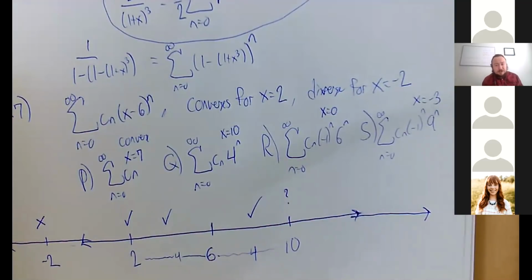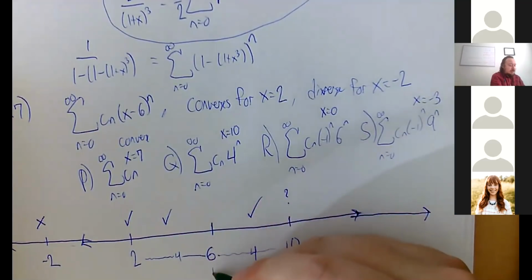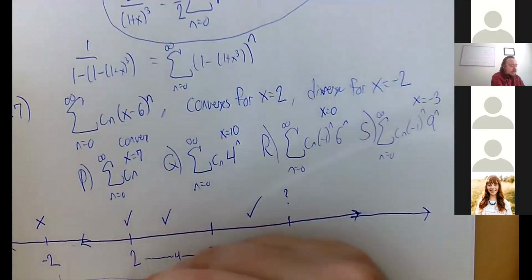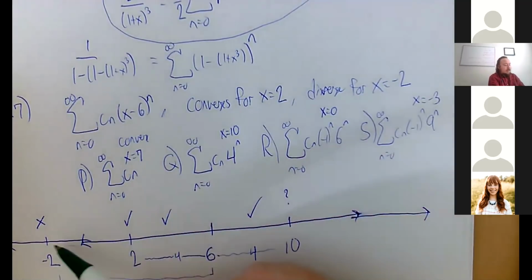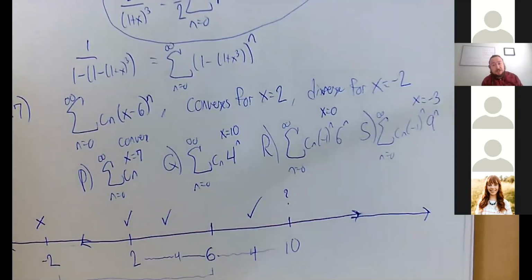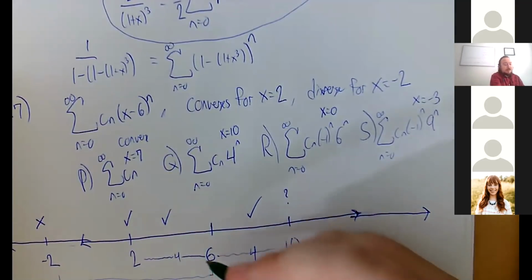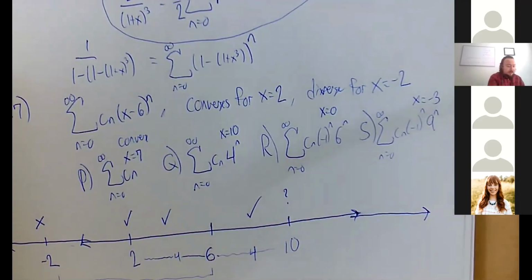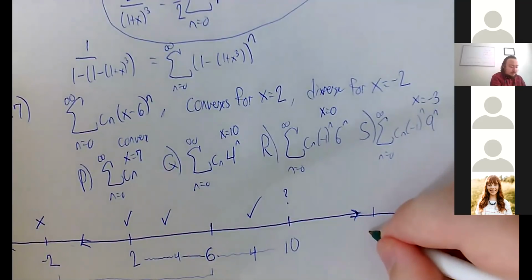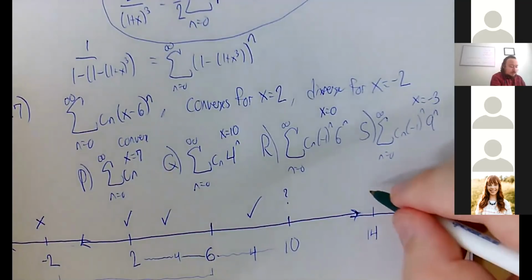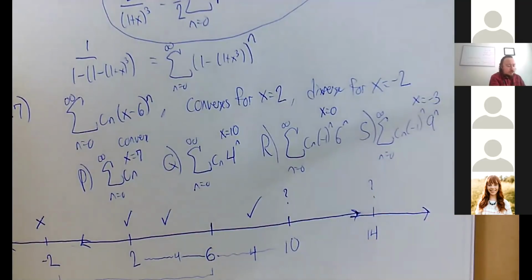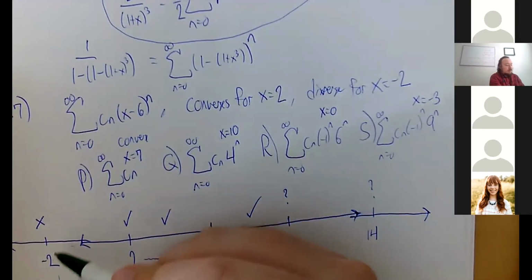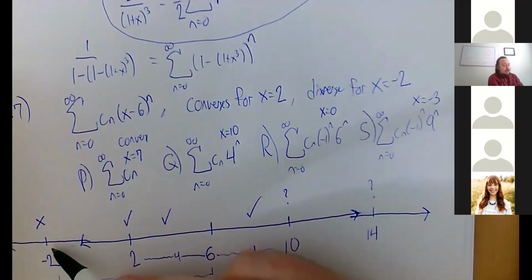Now, what could happen in theory is my radius of convergence could be up to 8. Like it could go all the way here, but then maybe it just doesn't include that as an endpoint. And if I went 8 the other way, that would be totally fine. So if I went all the way to say x is 14, I actually wouldn't know what's going to happen with that. But once I get to 8 out in this direction, then I start hitting things that diverge.